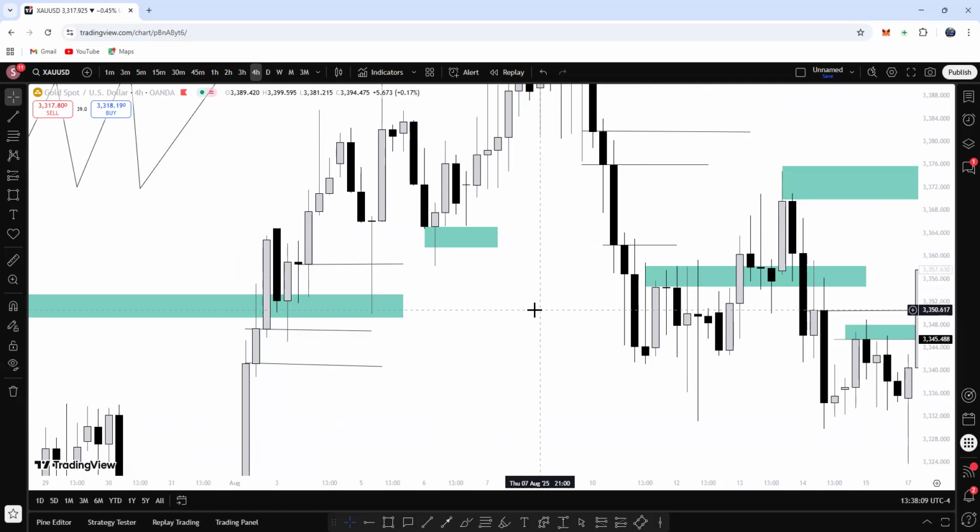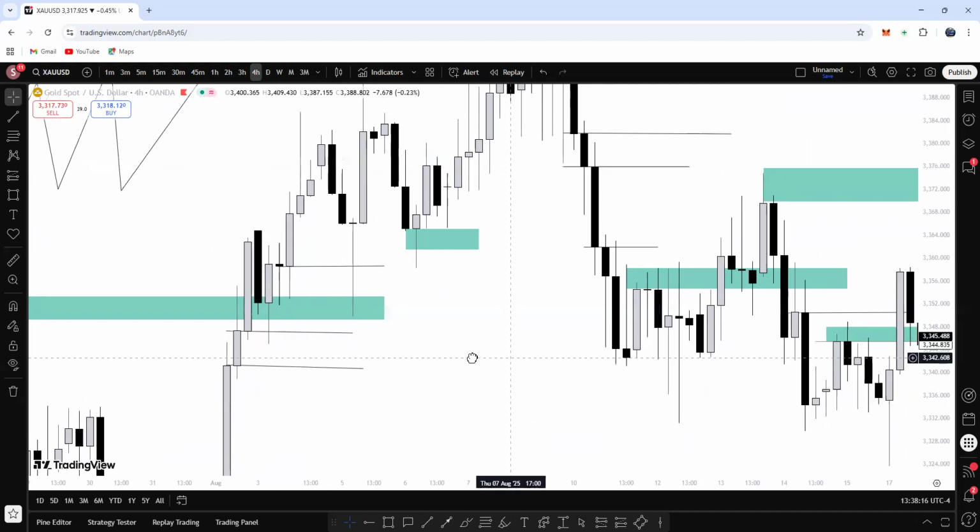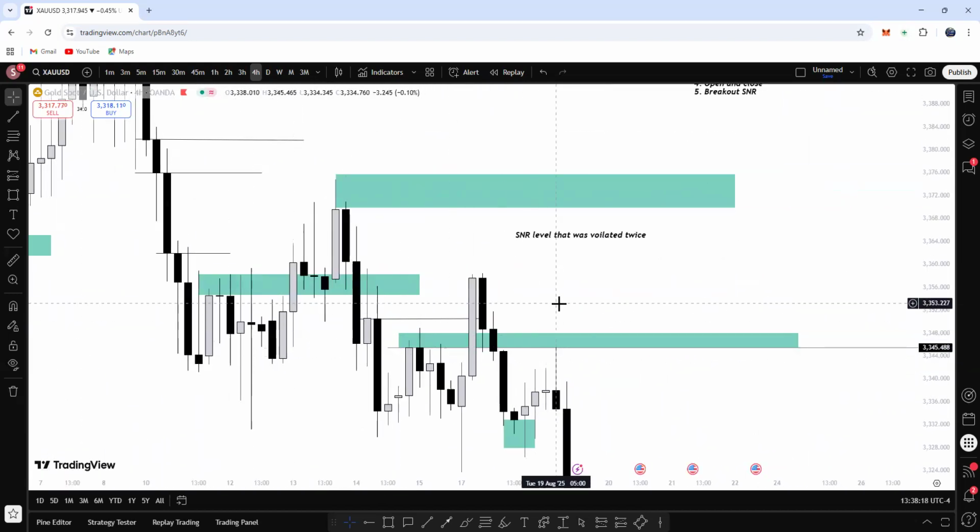And lastly, we have breakout SNR. What we mean by breakout SNR, we are talking about a level you are expecting to hold that failed.